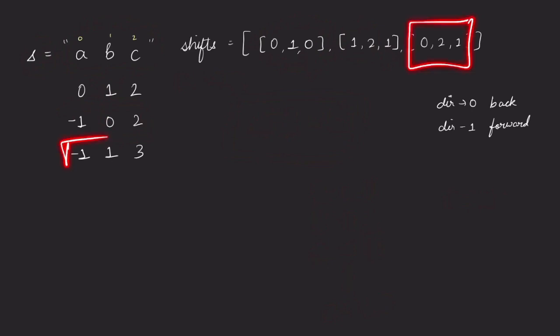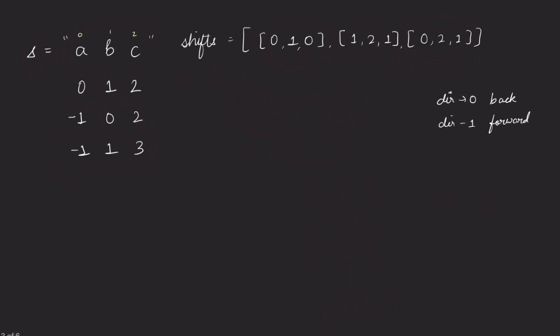Then from 0 to 2, we need to add a plus 1. So minus 1 plus 1 will be 0, 1 plus 1 will be 2, and 3 plus 1 will be 4. Now, as I said, for A we have 0, for B we have 1, for C we have 2, for D we have 3, E we have 4, and so on, and for Z we have 25. So for 0 we have A, so this will be A.